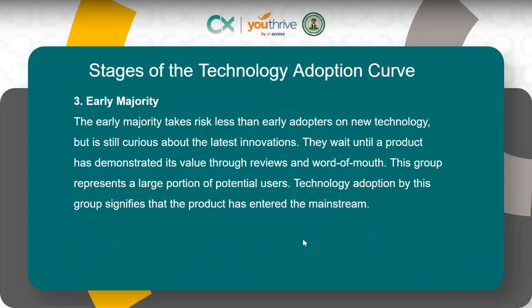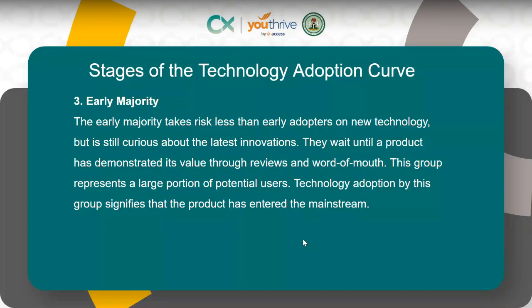We'll be looking at the third one, which is the early majority, right? Early majority take fewer risks than early adopters. They will wait until a product has demonstrated its value through multiple reviews and word of mouth. Let me give an instance.